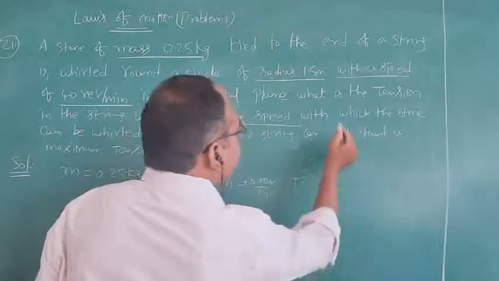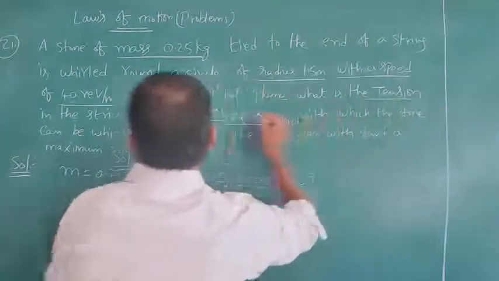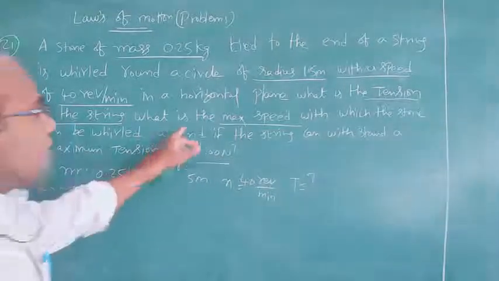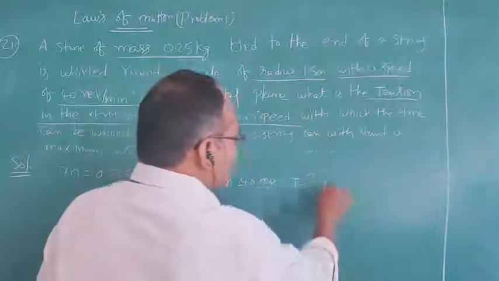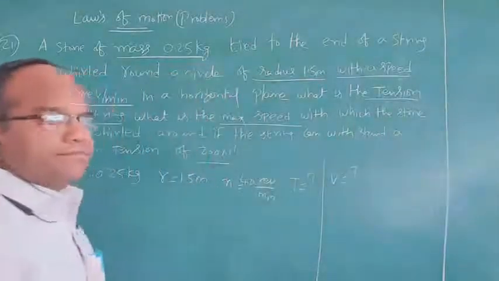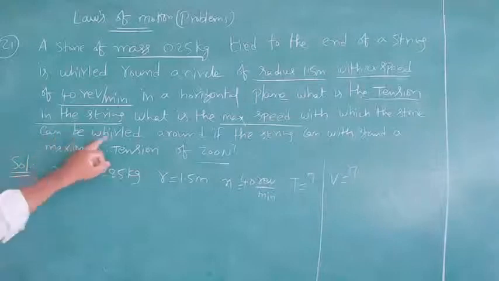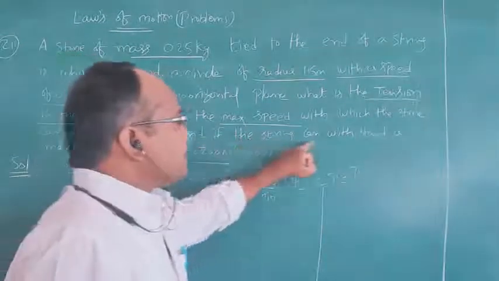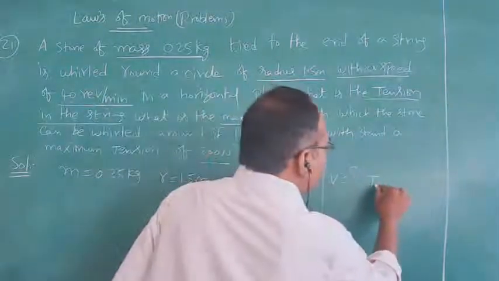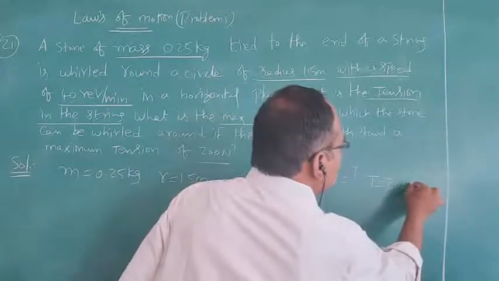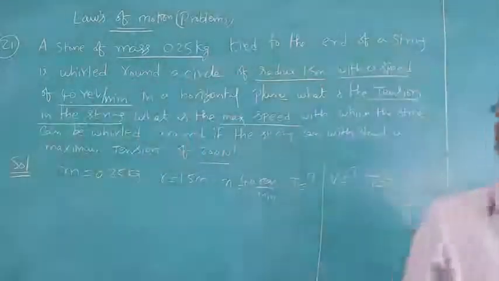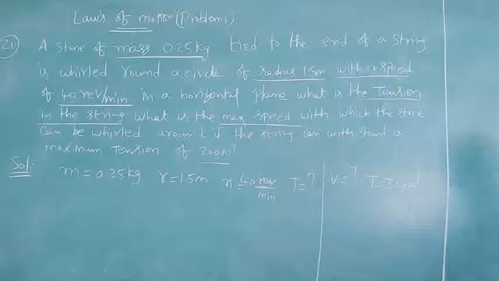And next, what is the maximum speed with which the stone can be wound around if the string can withstand the maximum tension of 200 newtons? So if it is 200 newtons, then what is the maximum speed?